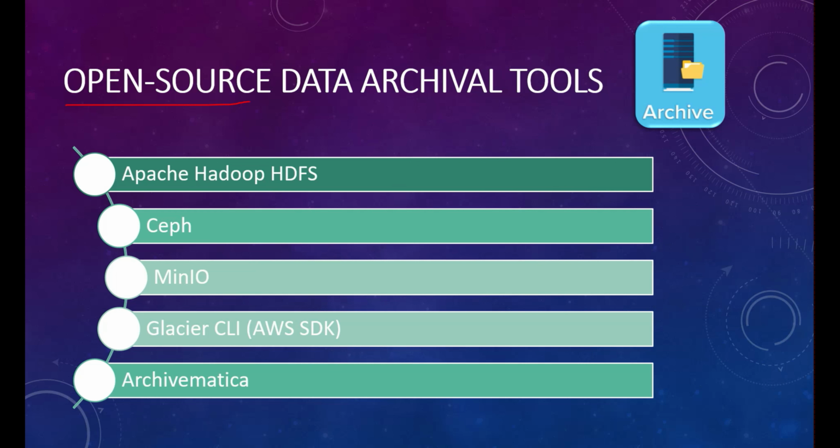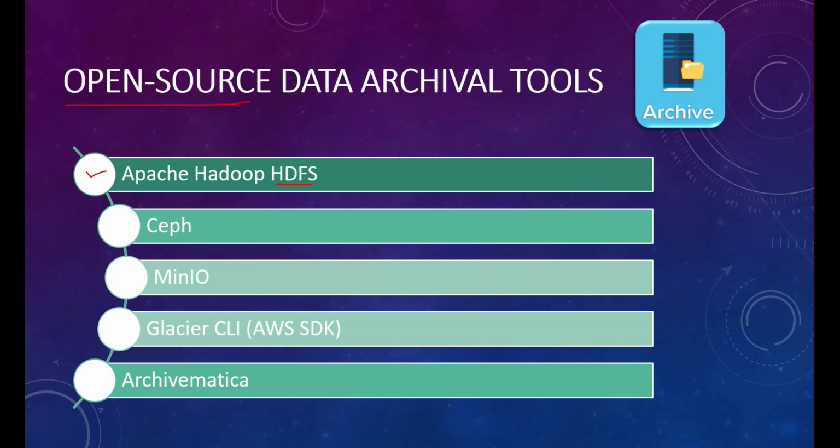You can start with Apache Hadoop HDFS. Hadoop HDFS is distributed storage for big data. It is a core big data component, the Hadoop Distributed File System. Because it is open source, you can just install it on the machine and start using it.